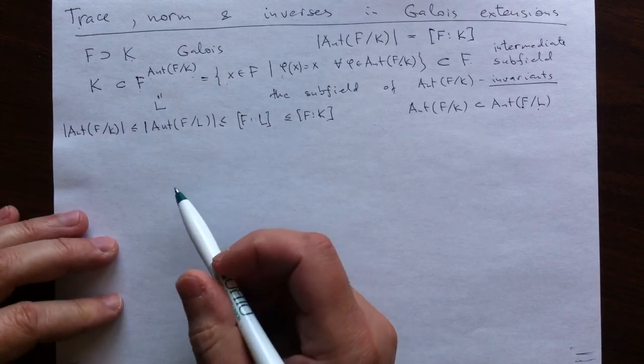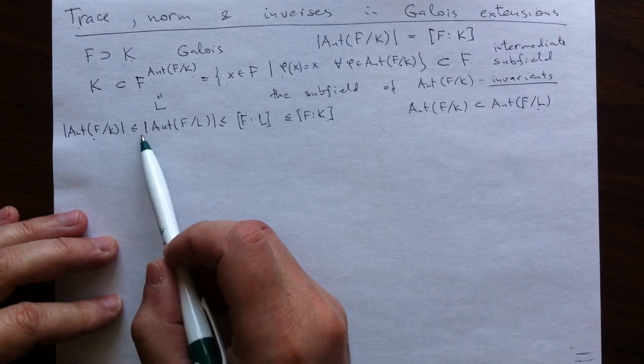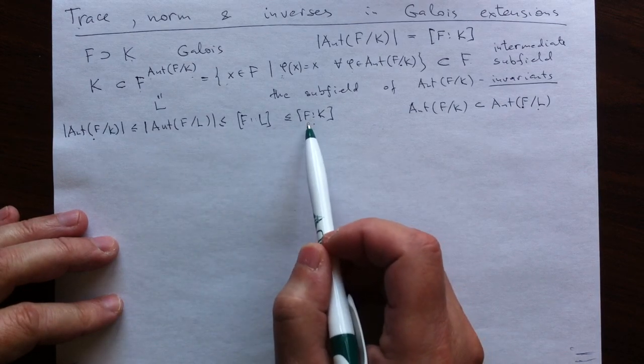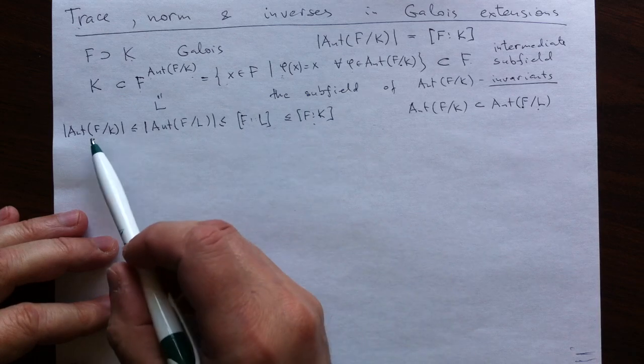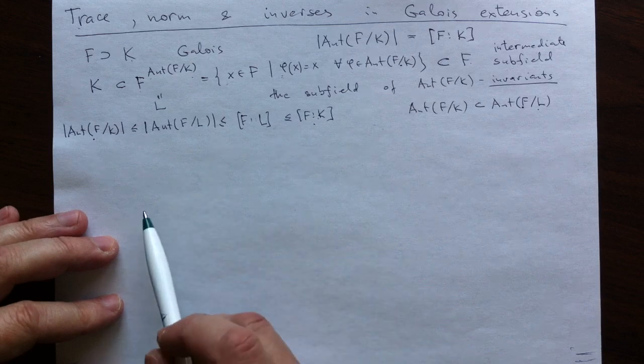So now let's look at what we have. We have this bounding from below, and so on up to here. But our original condition was that this extension is Galois, so these extreme numbers are the same, and so all the numbers in between are the same.